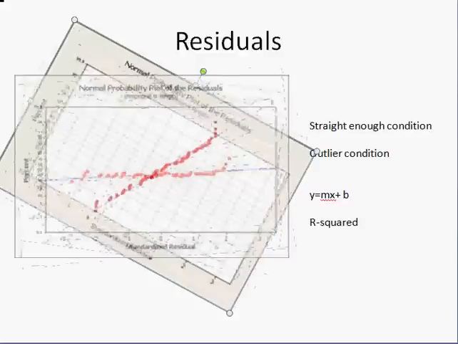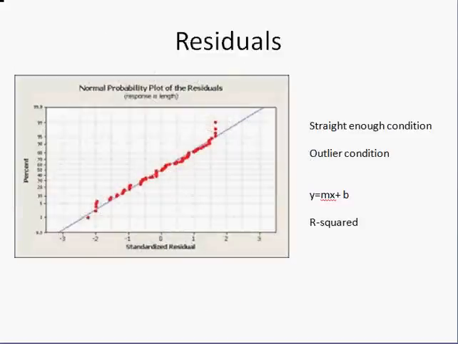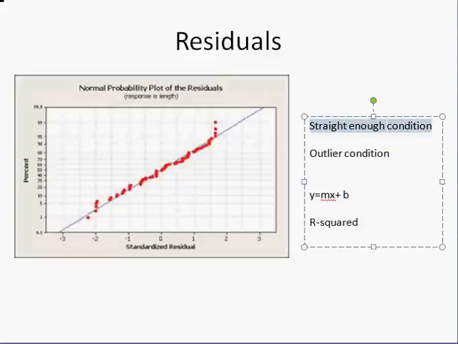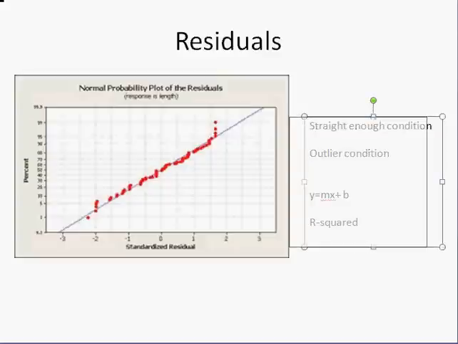For residual testing, they always ask what's the r squared, what's the slope of the residual. Well, first you need to find out if it's straight enough. This is called the straight enough condition. I just love the name. This is to determine whether it looks straight or whether some lines look curved, like an exponential graph.